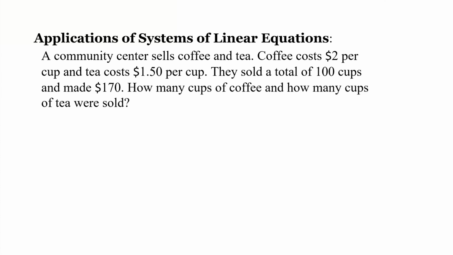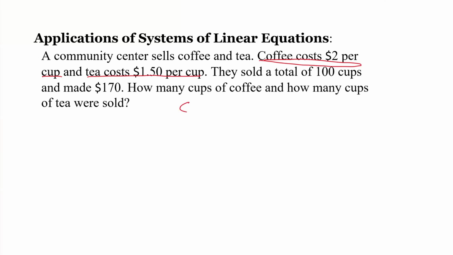Okay, so coffee sells for $2 per cup and tea is $1.50 per cup. That means if you sell 2 cups of coffee, then you make $4. If you sell 10 cups of coffee, you make $20, right?